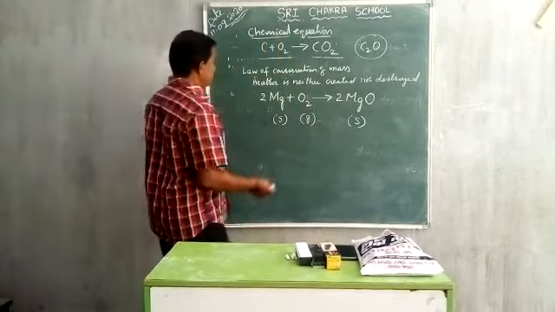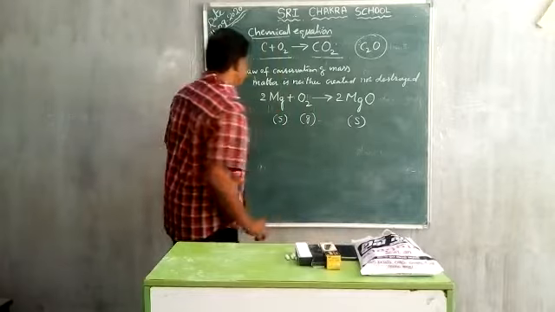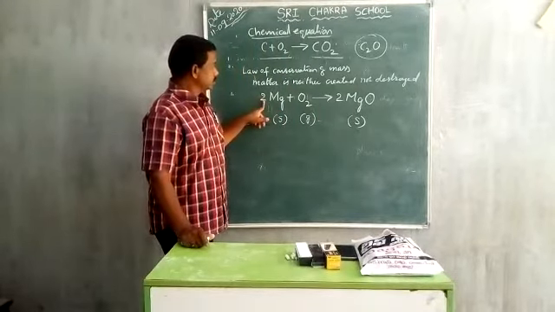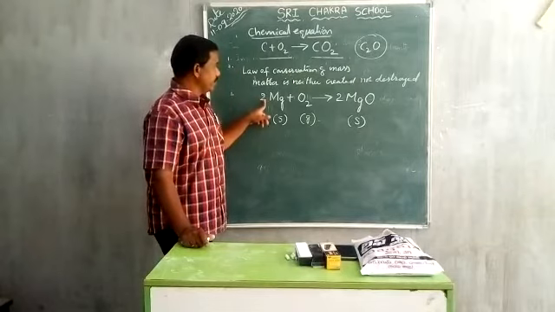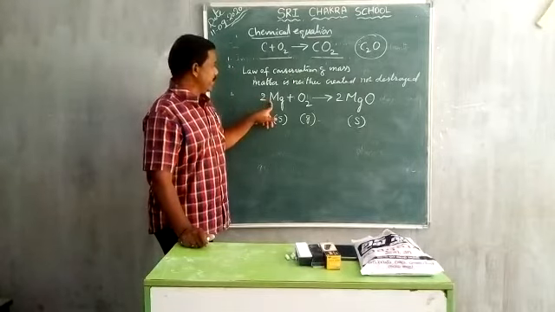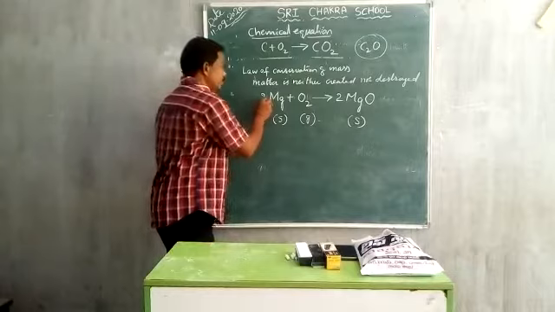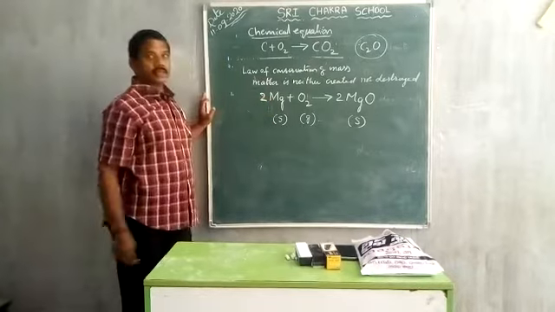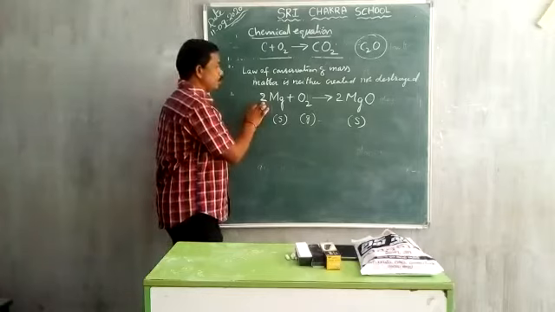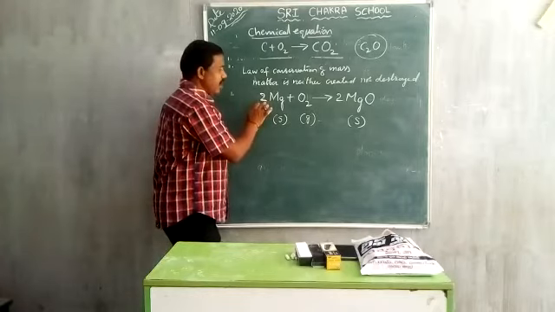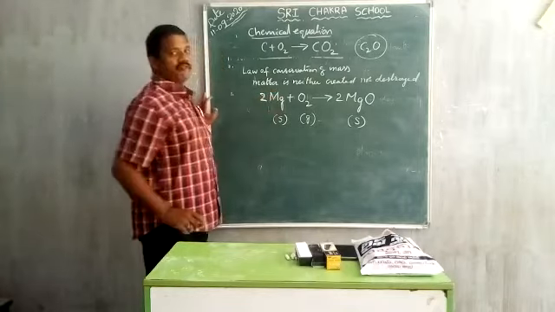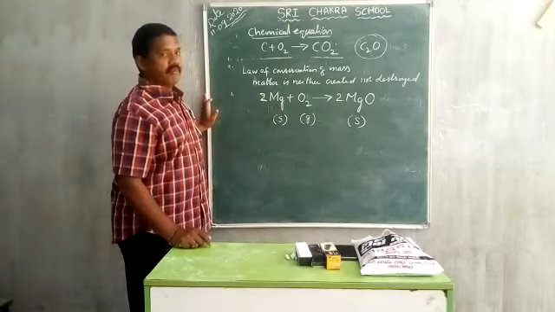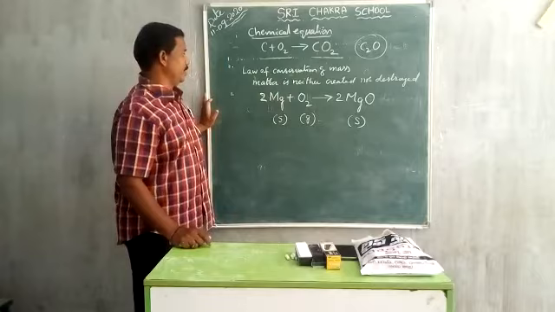Next, in the same way, here 2 is written in the beginning of the element magnesium. The digit 2 shows the number of molecules of magnesium that are participating.